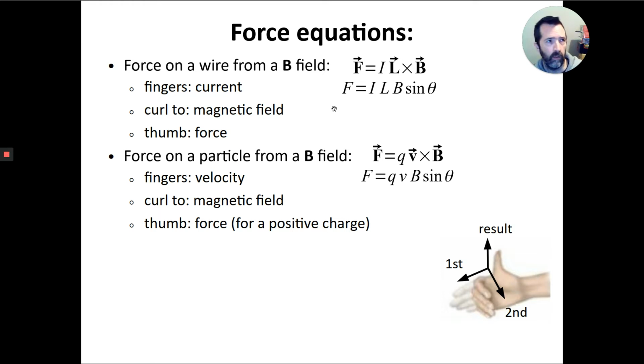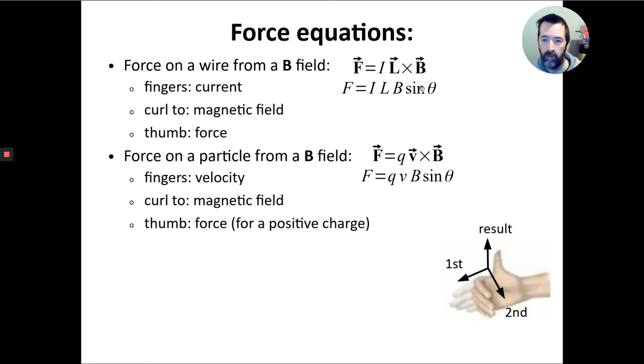And if you have already looked at the YouTube links that I included, you've seen some examples of that with some lab demos. So the way the book writes the equation is this second line, F equals ILB sine theta. A more generic way of writing it is what I have above, with the vector signs on them, and then this times sign is for the cross product.